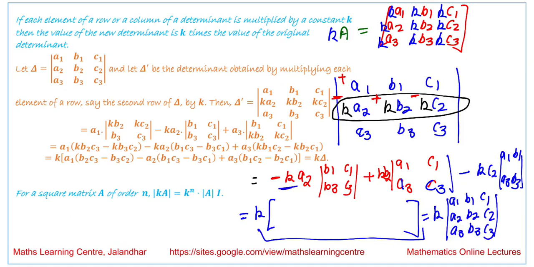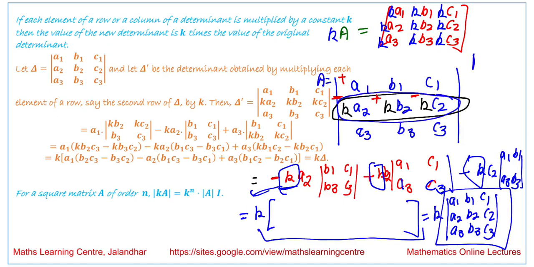So we are saying that if any row of matrix A is multiplied with K, then the determinant of that matrix is equal to K times the determinant of the remaining matrix.